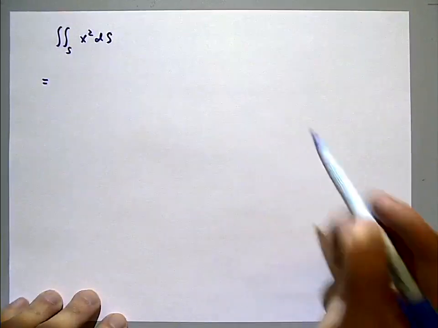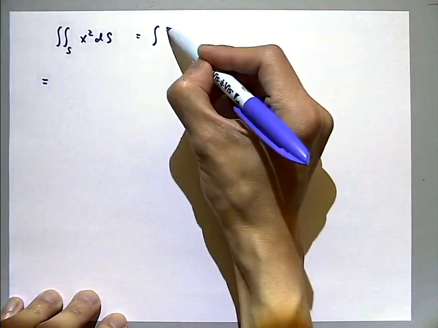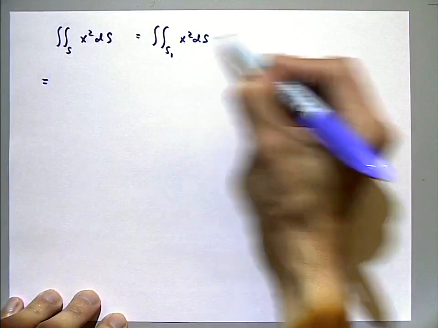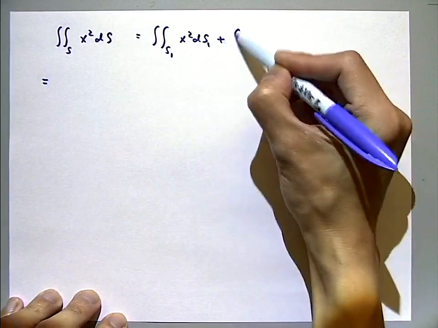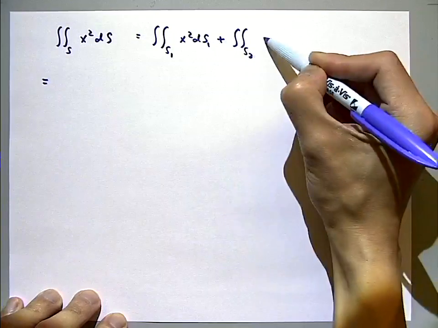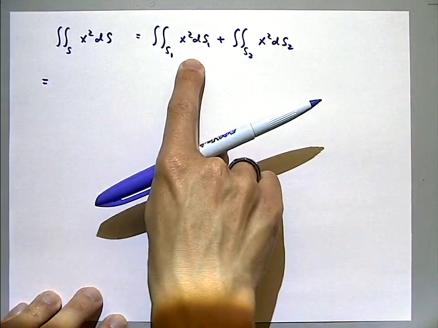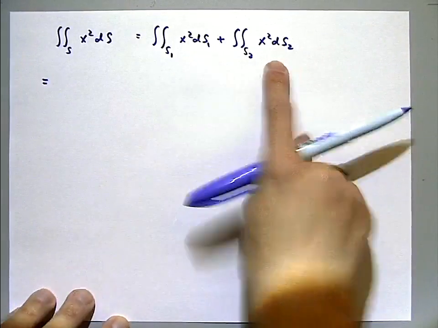So we split this up into two, right? This is going to be the double integral over S1 of x squared dS1, and then S2, the same thing. That's the lateral surface of the cone, and that's the cap at the top of the cone.